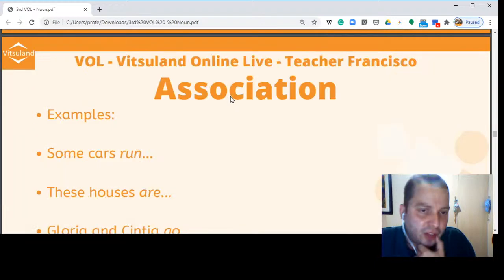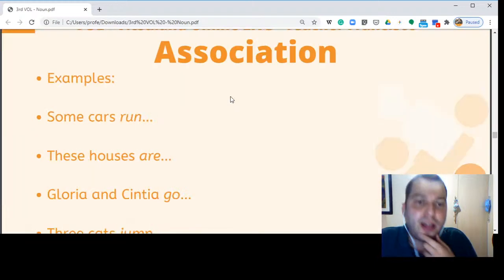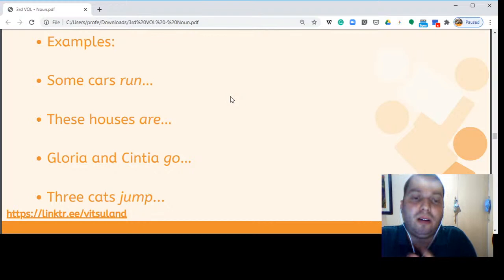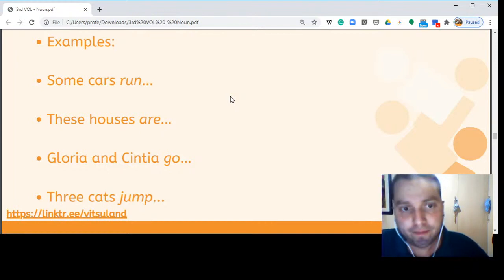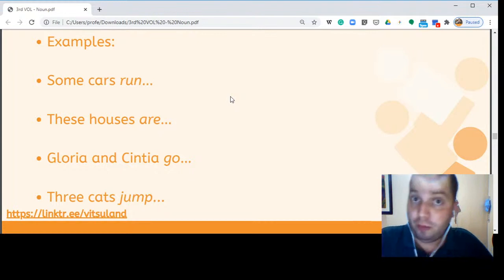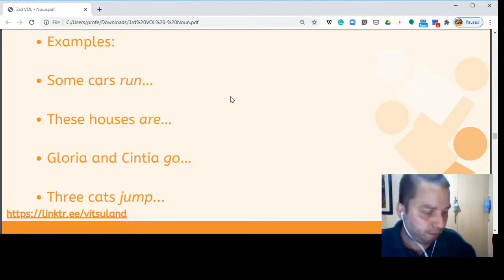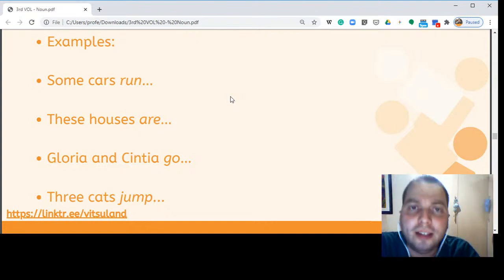Other examples: some cars run, these houses are, Gloria and Cynthia go, the cats jump. In this case, we have these italic words. Which part of speech are they? We have verbs in simple present, all right? And they are also associated to nouns.